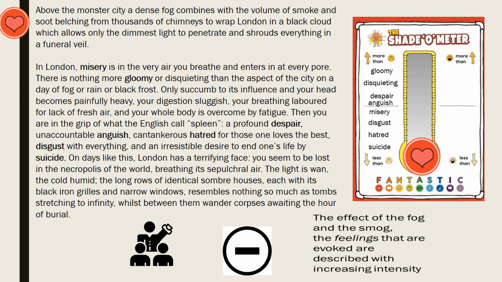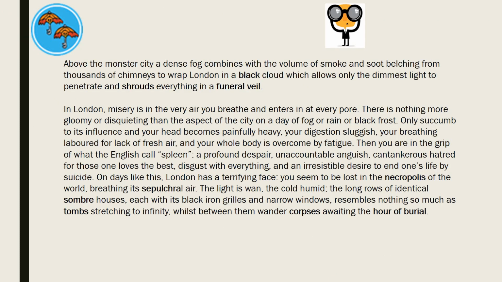We're looking at the effects of the pollution, of the fog, of the smog, and the feelings that are evoked, and they're being described with increasing intensity, negative effect. This was not a positive trip to London.